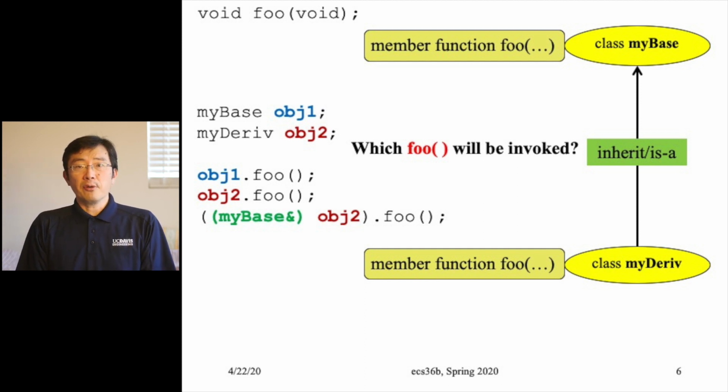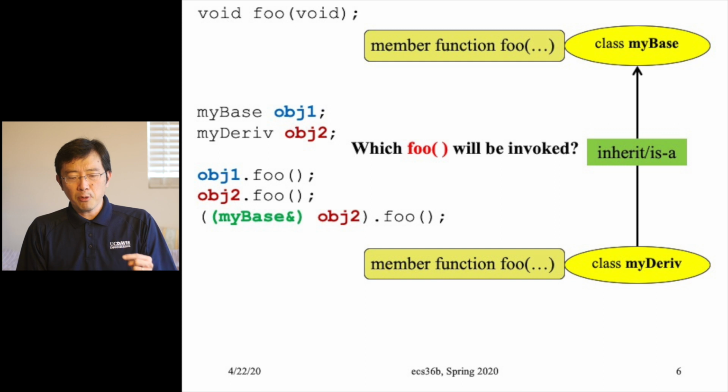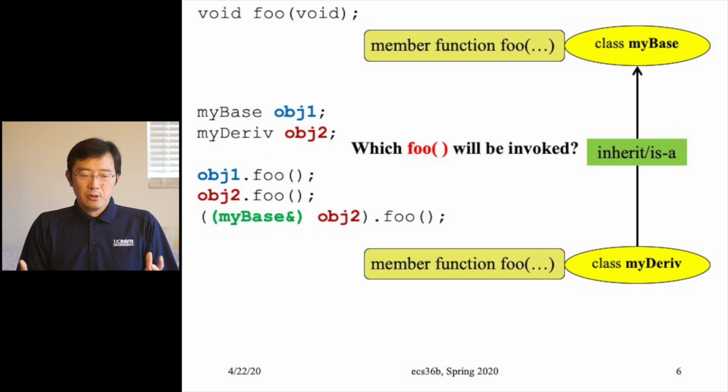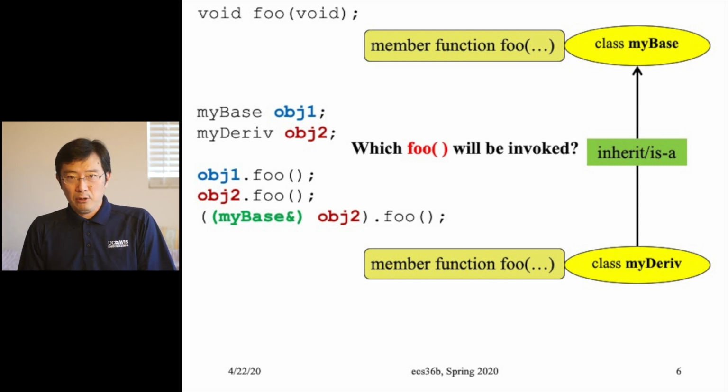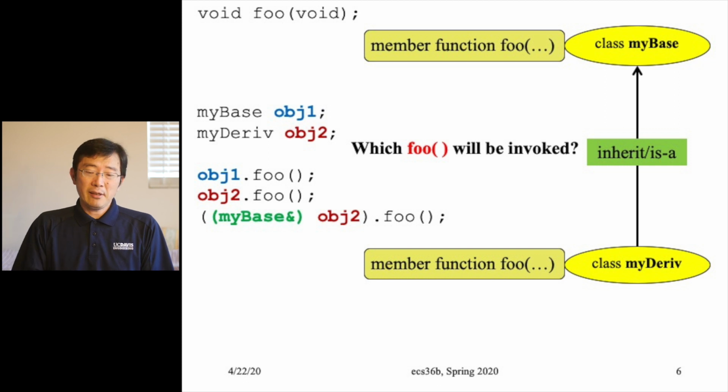The question to answer right now is, in this slide I have two different foo, one associated with my base and one with my derive. Now I have 3 calls to foo: by object 1, by object 2, and by a cast to my base of object 2. Which foo will be called, the base one or the derived one?